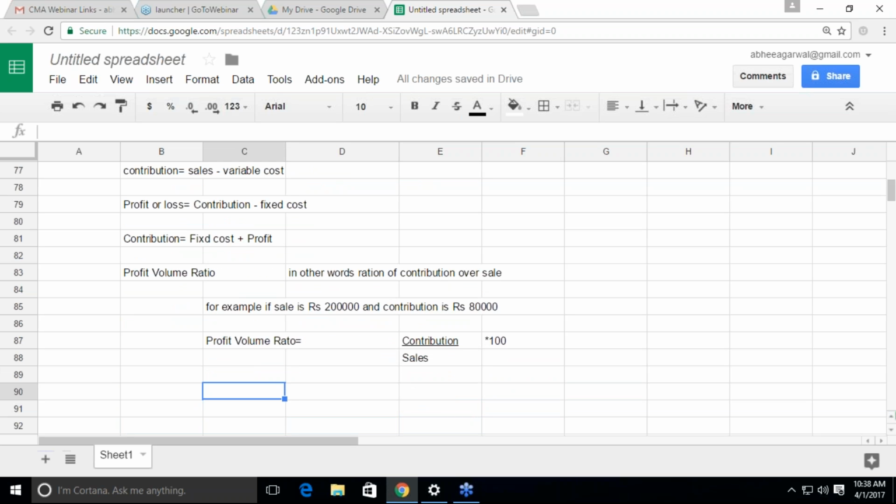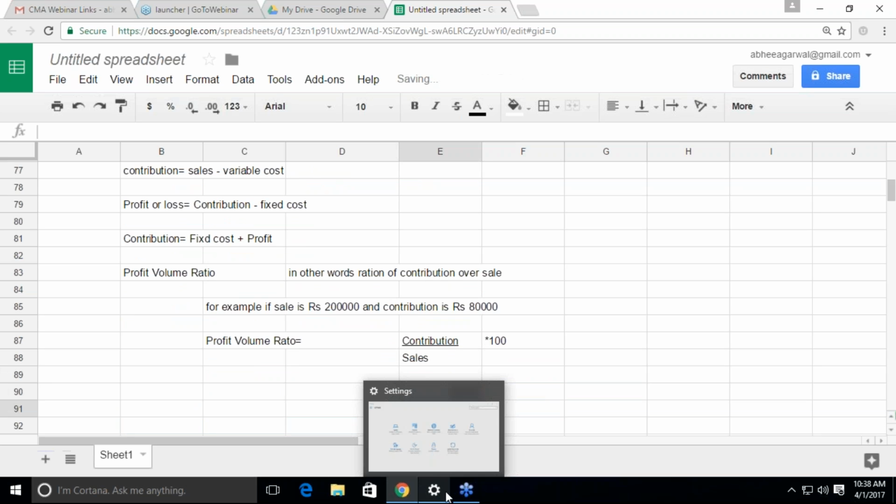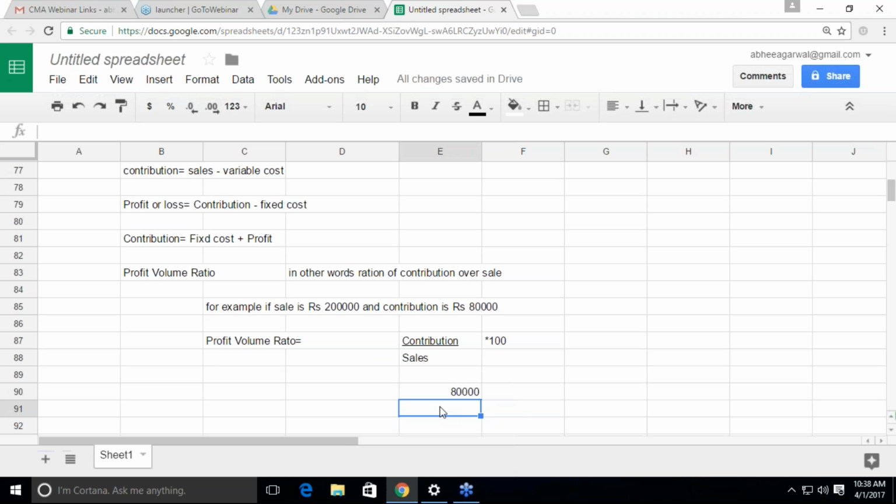So how will you calculate it? Contribution is 80,000 divided by sale, 2 lakh, and multiply by 100. So that will give you 40%. So 40% is your profit volume ratio.